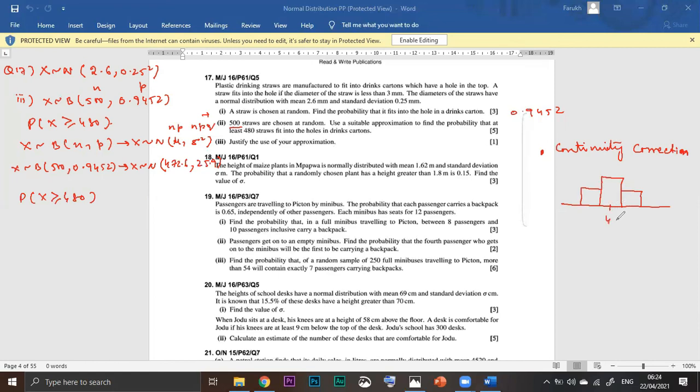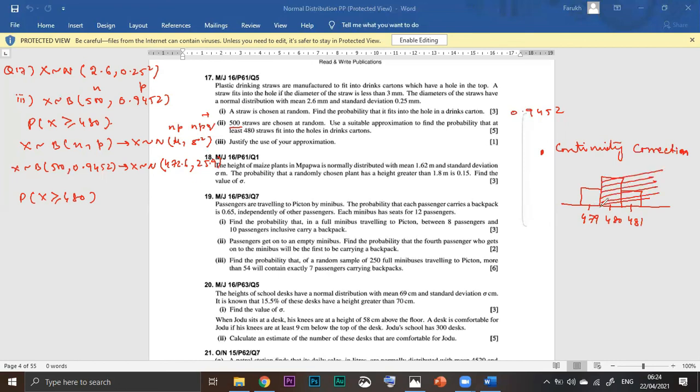We will write down 480 in the middle and draw the 2 neighborhood rectangles. Now x is greater than or equal to 480, so we will move towards the right side of 480. Should we include 480 or not? Yes, we will include it.